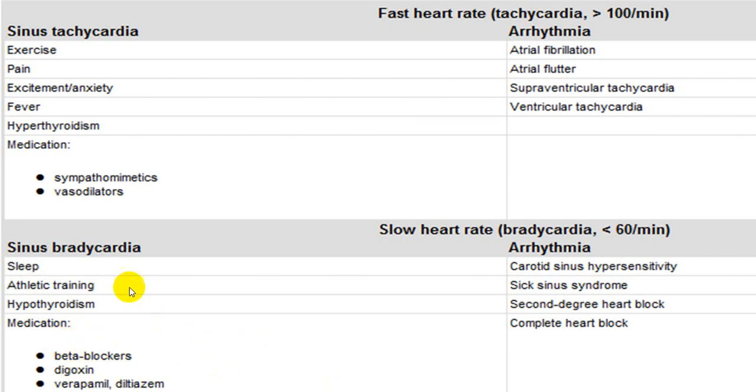So in those conditions, by and large you will have a bradycardia. And other conditions which can also produce bradycardia are sick sinus syndrome, second degree AV block, complete heart block, and carotid sinus hypersensitivity. But again, all these conditions you can identify after having an ECG record or ECG tracing.